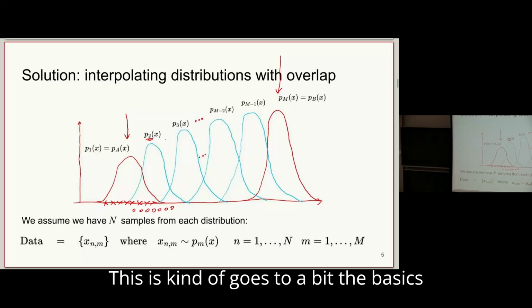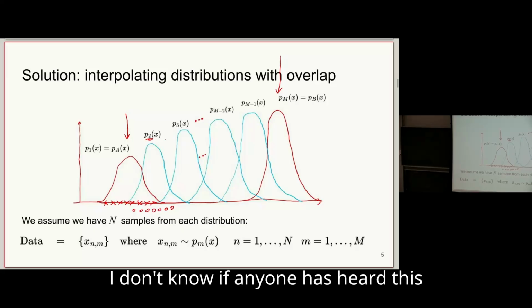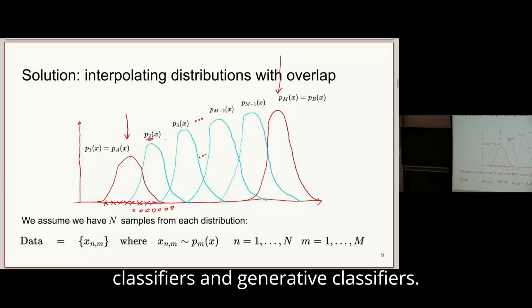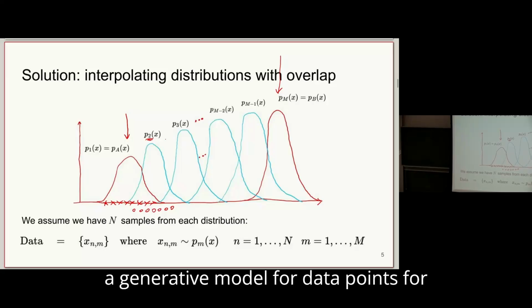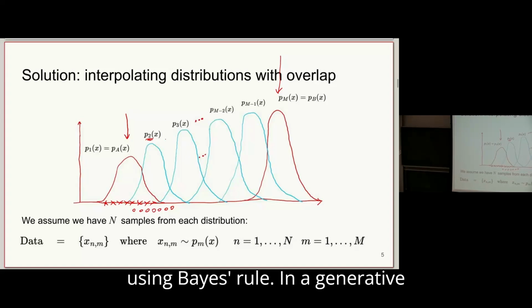This goes a bit into the basics of machine learning. In machine learning, I don't know if anyone has heard this idea of discriminative classifiers and generative classifiers, okay? In a generative classifier, you have a generative model for data points for each class, and then you make predictions using Bayes' rule. No?